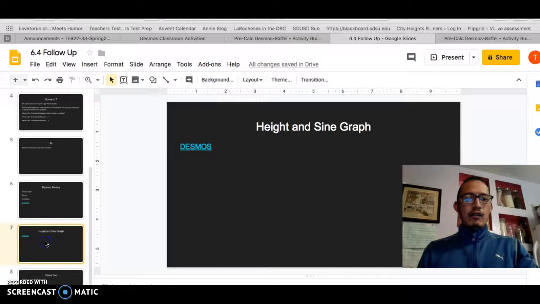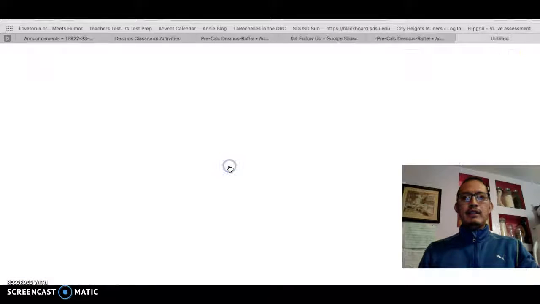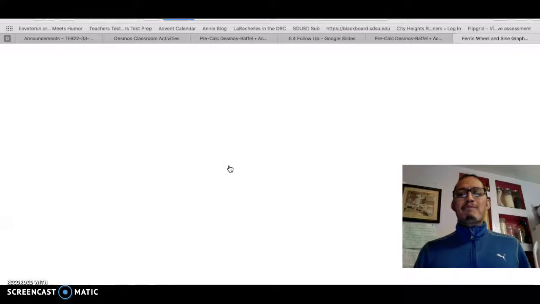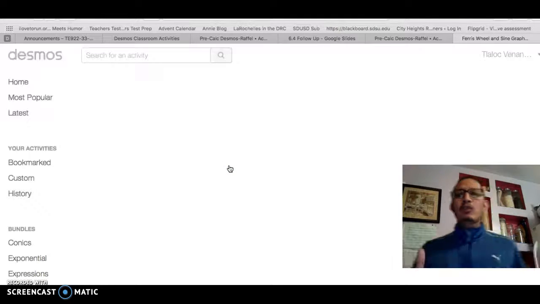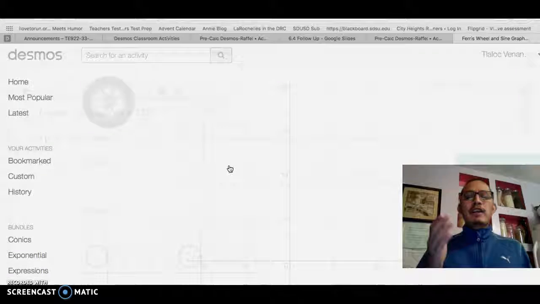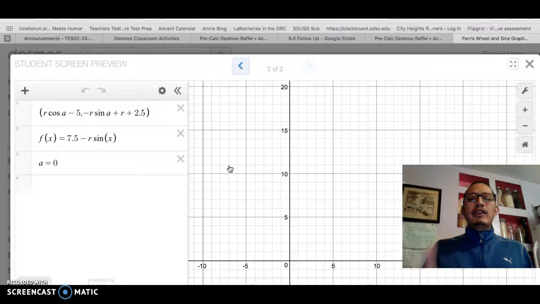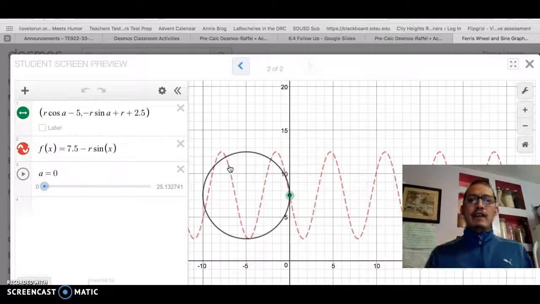Finally, I wanted to leave you with this Desmos activity I created that represents what's happening to the height of the Ferris wheel and the graph, the relationship between the height and the graph. So remember, pretend this is just your circle of the Ferris wheel. This was the rider at the farthest right, the point farthest to your right.